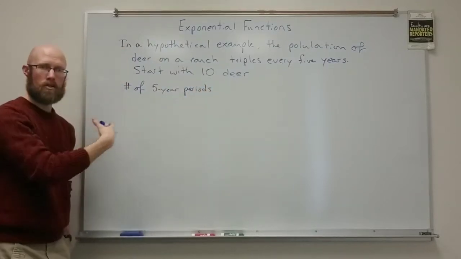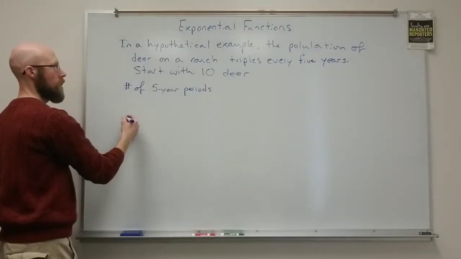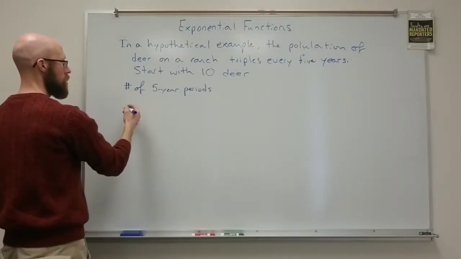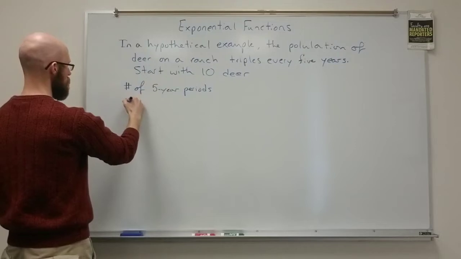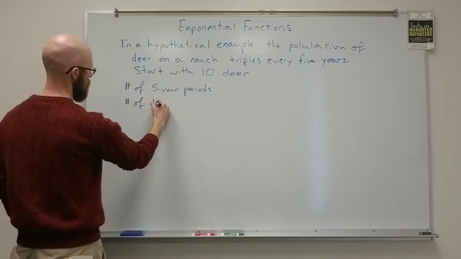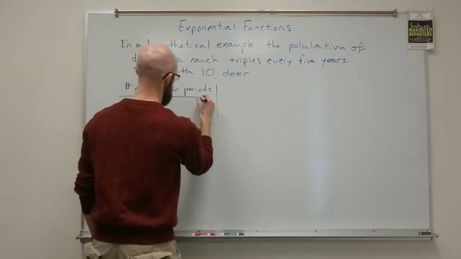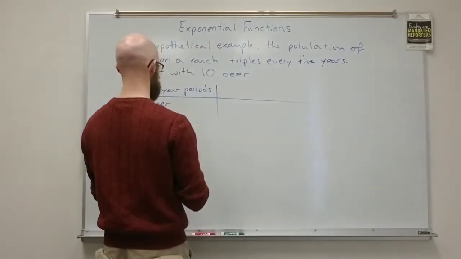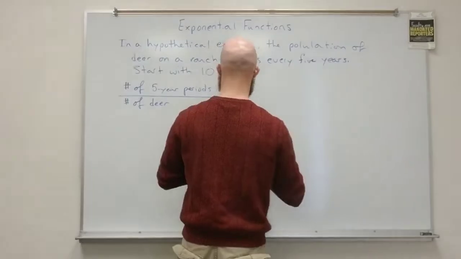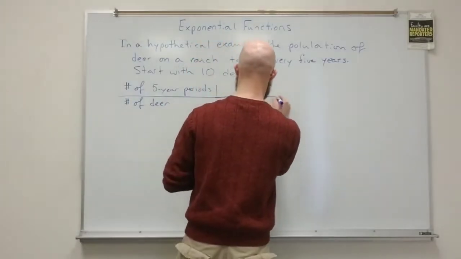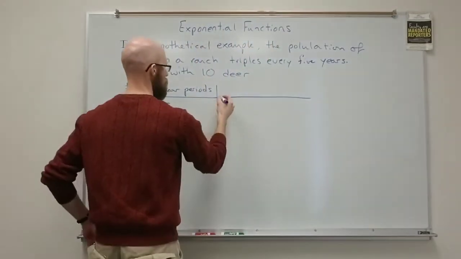That's going to be my first row of the table. Then we're going to have in here the number of deer. We'll start it this way and then maybe adjust for the actual number of years.